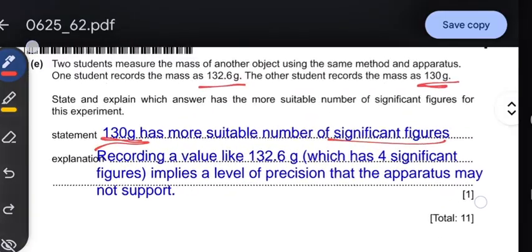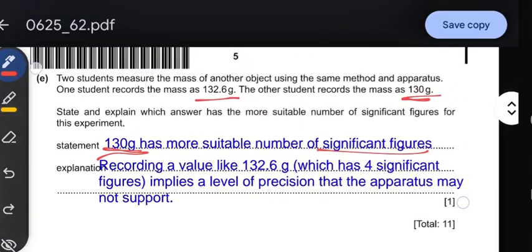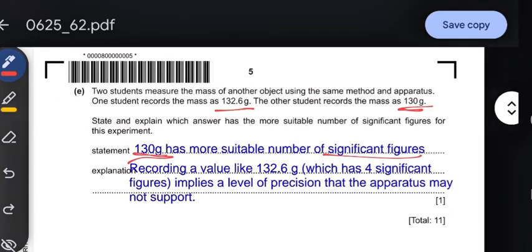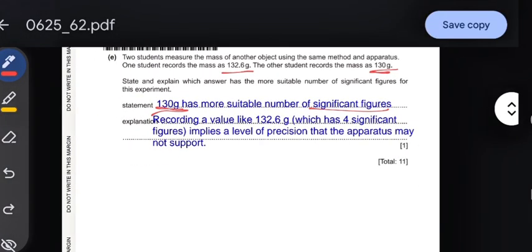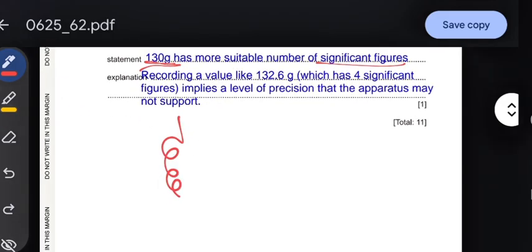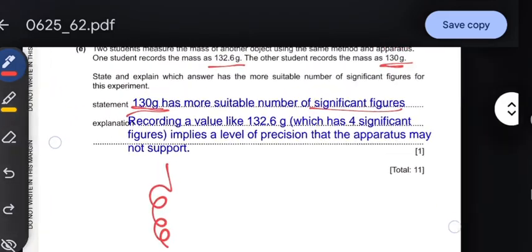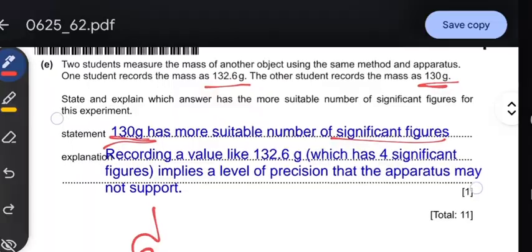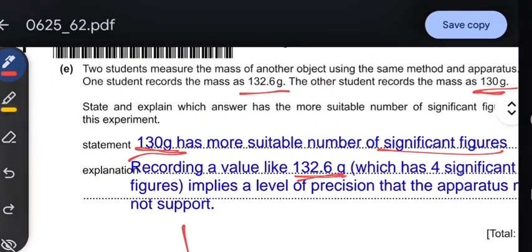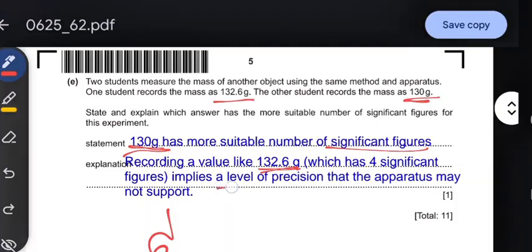Recording a value like 132.6, which has 4 significant figures, implies a level of precision that the apparatus may not support. For example, the force meter, or if you're using a balance, can't give you a precise value of 132.6 gram. So 130 gram is a better reading.